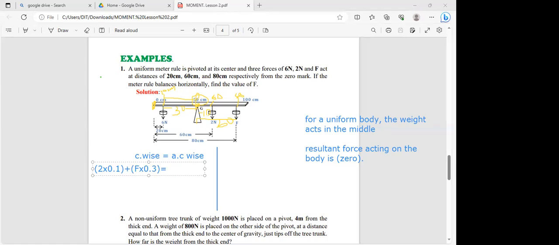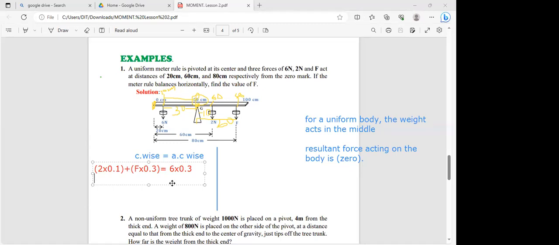Now we have only one anti-clockwise moment, which is 6 times its distance from the pivot, which is also 0.3 if we change it to meters. Okay.